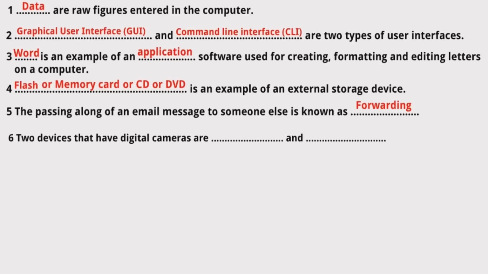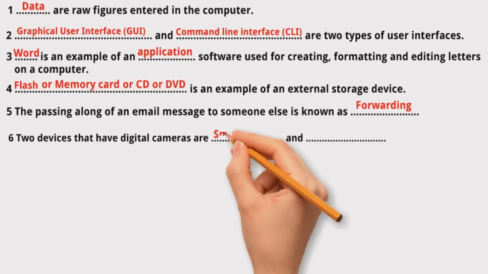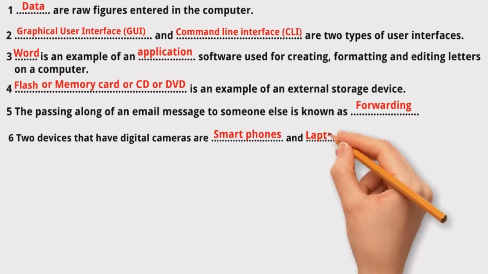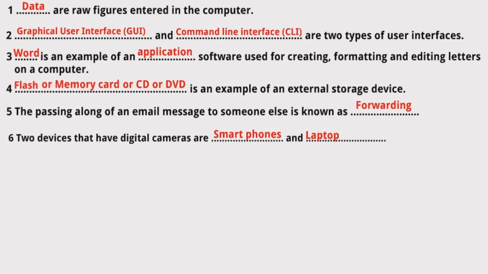Some examples are smartphones. Let me start with a common one. Smartphone, the phones we use, they have got digital cameras. The laptop, we have seen a laptop with a webcam or that just comes with the inbuilt camera. So I have said smartphone and webcam.